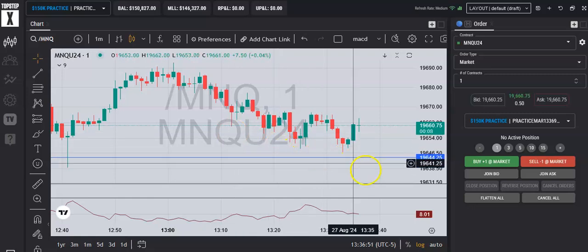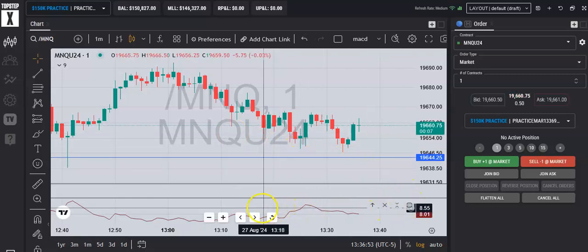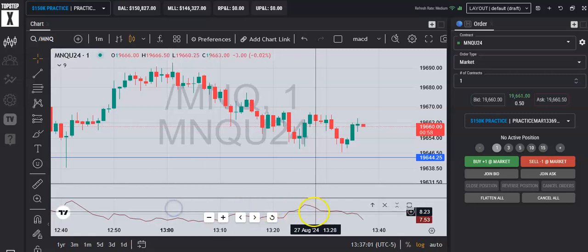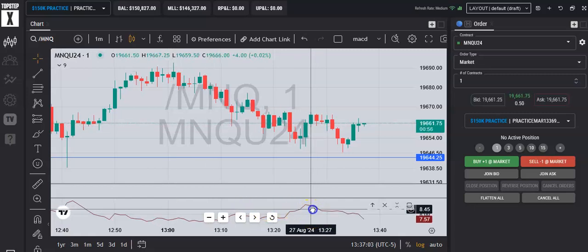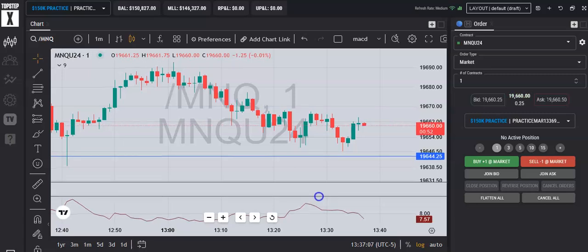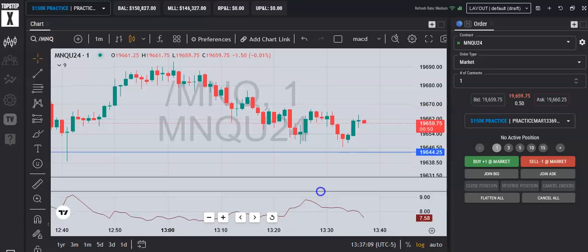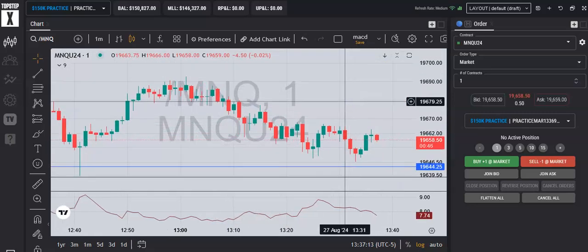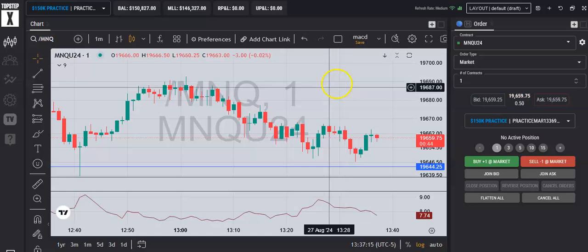What I thought I would do today is do a little scalping on the 1 minute chart to show you some tips and tricks. I know a lot of you are in prop firms, so I was going to use the MNQ as an example. If you trade a larger contract size, just adjust it accordingly.